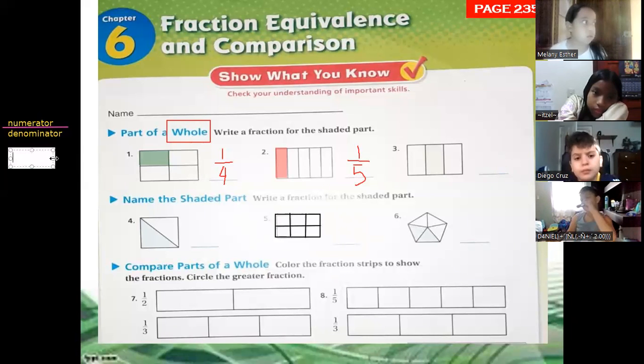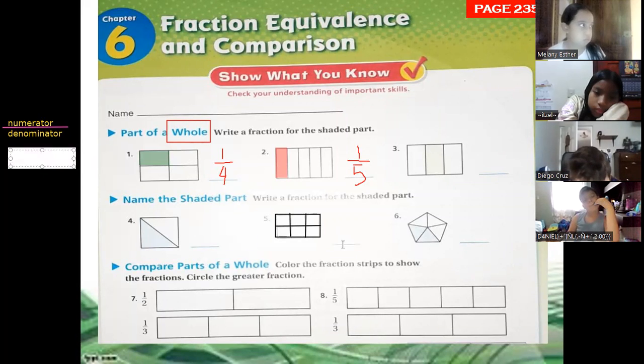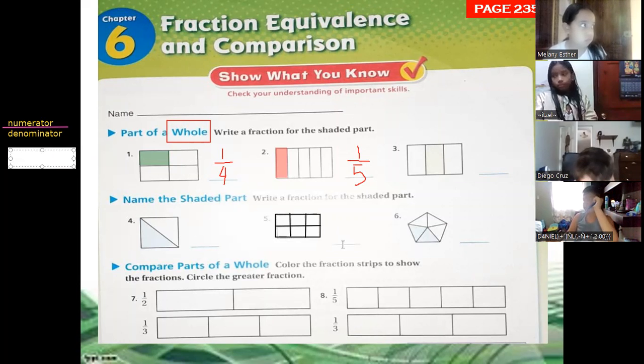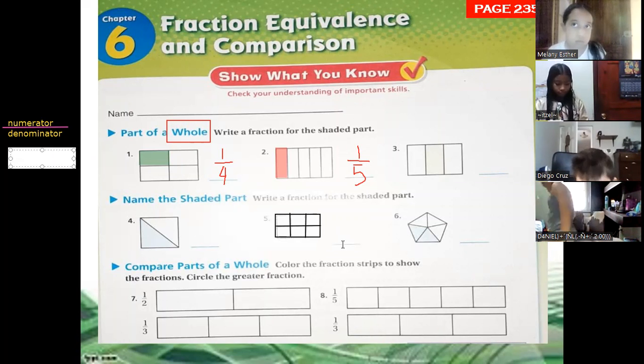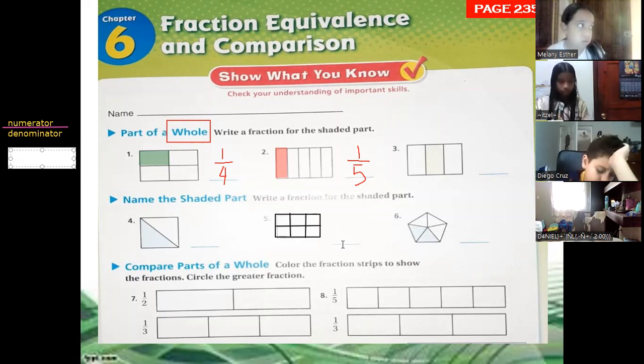In fractions, we use the ordinal numbers. What are the ordinal numbers? First, second, third, fourth, fifth, and so on. Those are the numbers we have to use when we read the fraction.